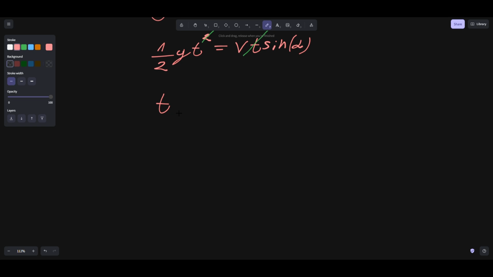So t ground will equal 2v sin alpha over g. And this is the time when the projectile will hit the ground after it has been launched at an angle alpha and velocity v, and g is the acceleration due to gravity.